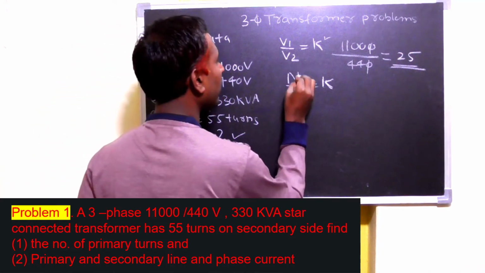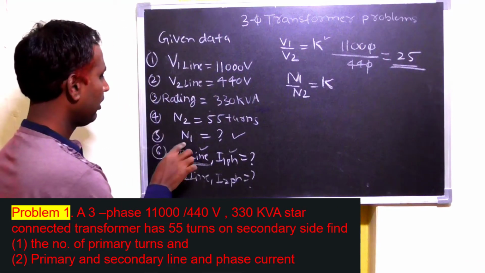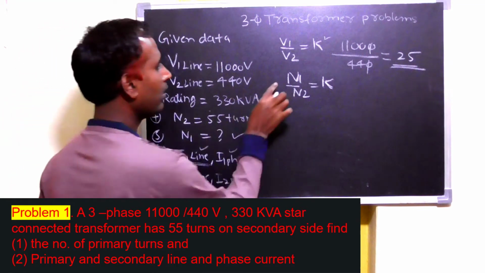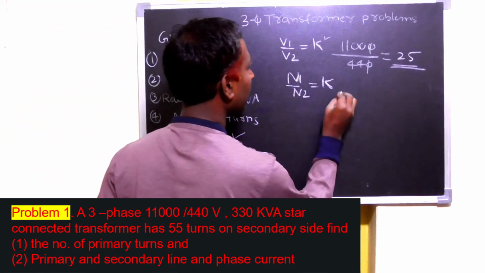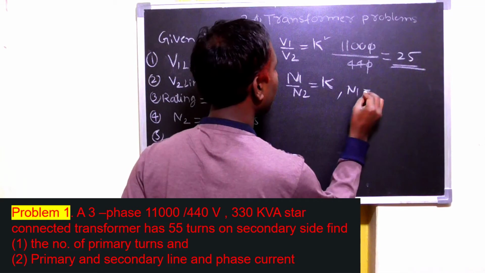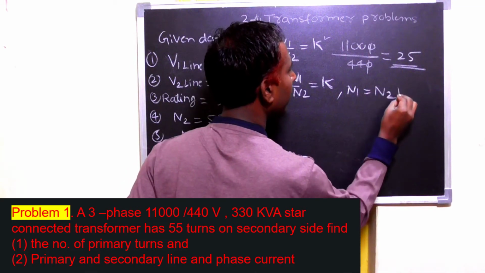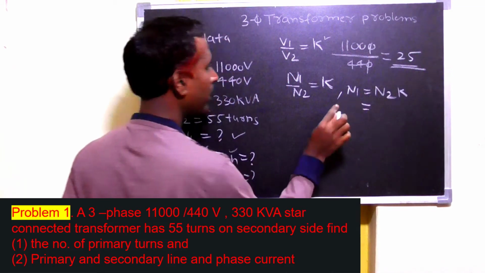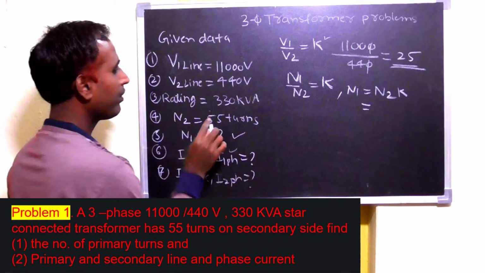Here we have to find N1, so the formula becomes N1 equals N2 into K. How much is N2? N2 is 55.